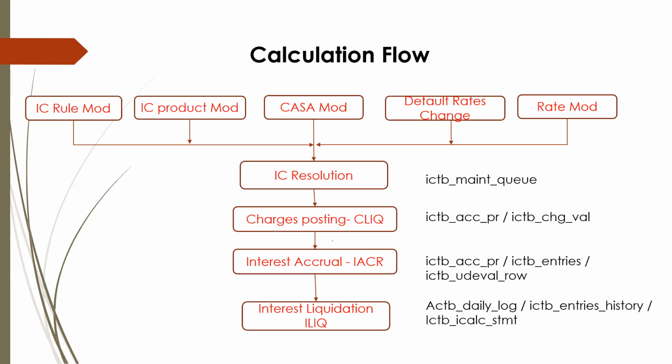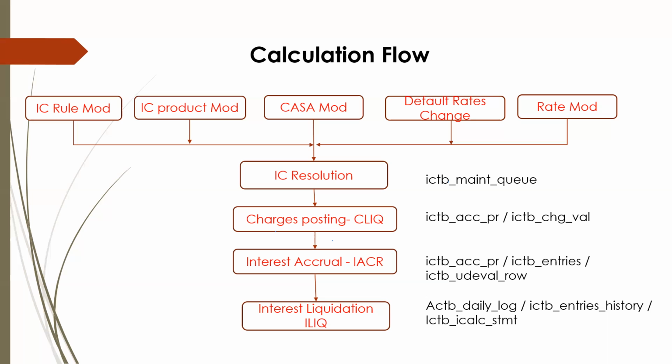In term deposit, I have events called liquidation and rollover, maturity, everything. So that happens during the BOD. BOD is meant for the TDs, and during the EOD process, I do the charges and interest portion for the current account and savings account. So in EOD I do the CASA, and during BOD I do the TD.